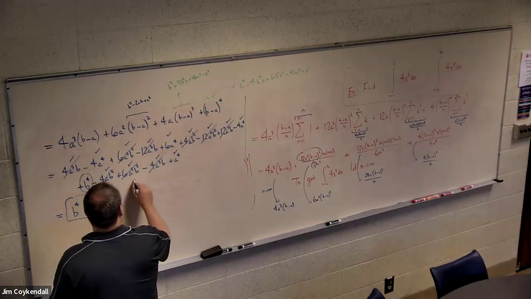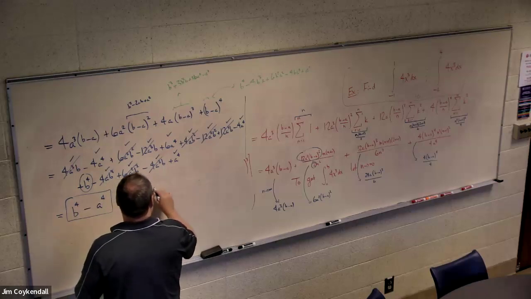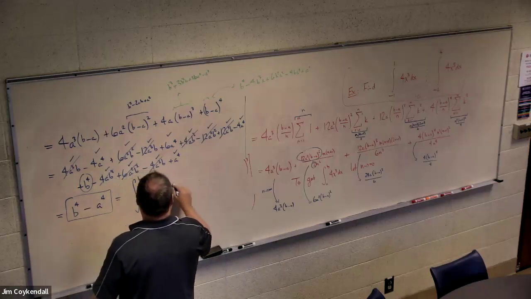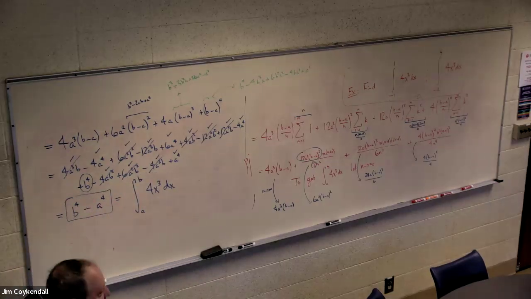This is the integral from a to b of 4x cubed. How many of you want to do this again? Not me, right? This is really cool because we found this integral, and this gives us an area under the curve.